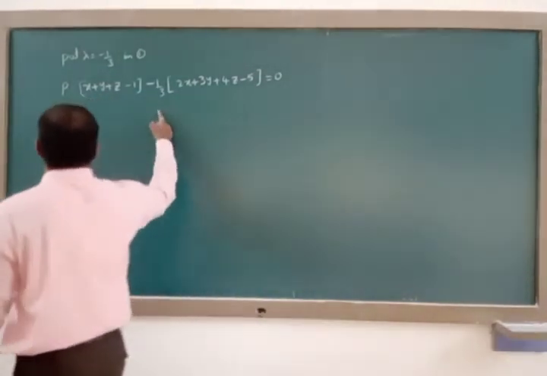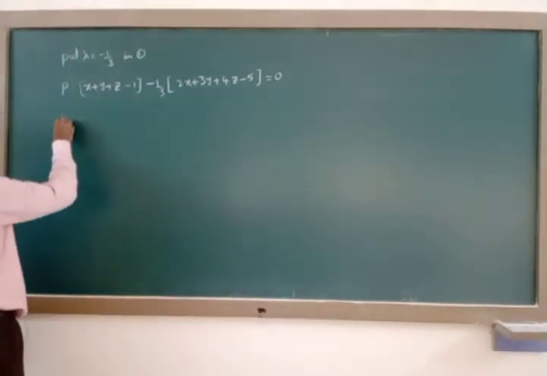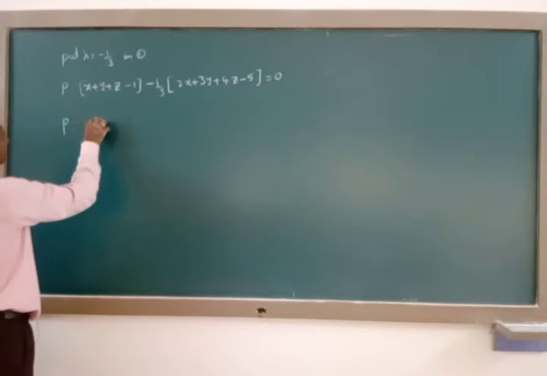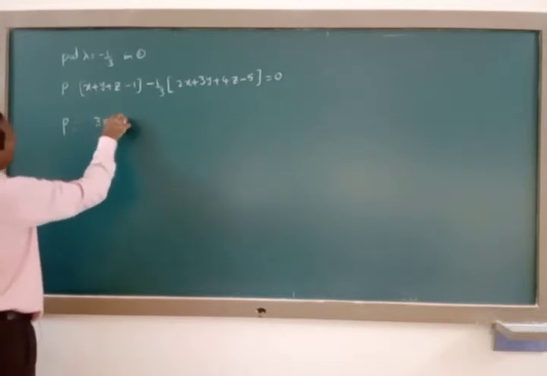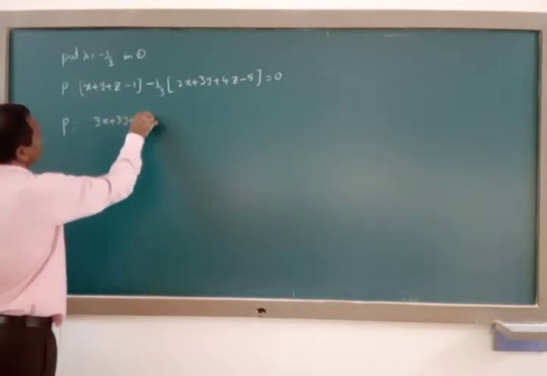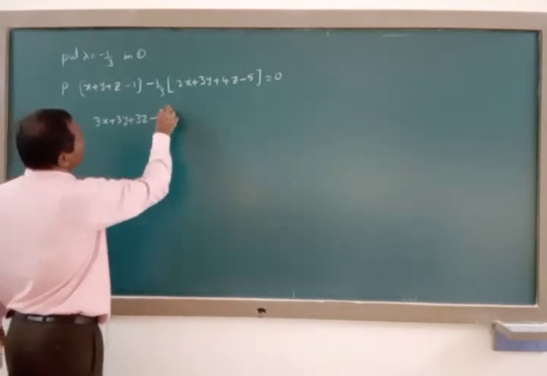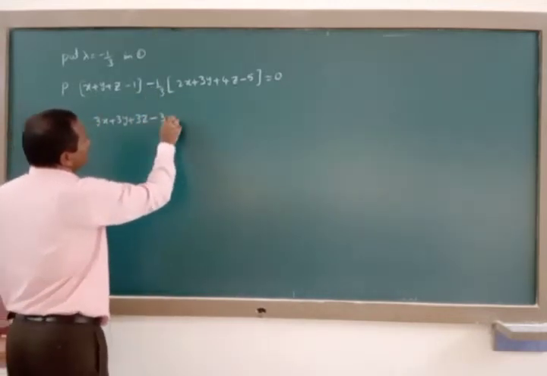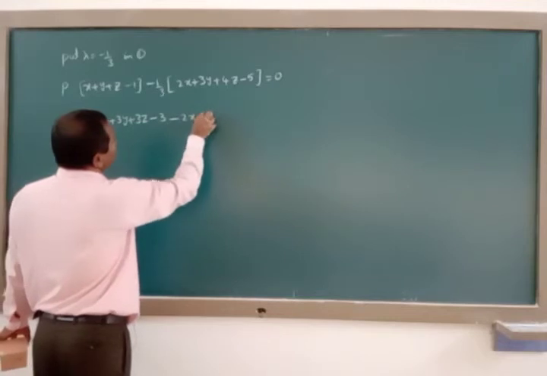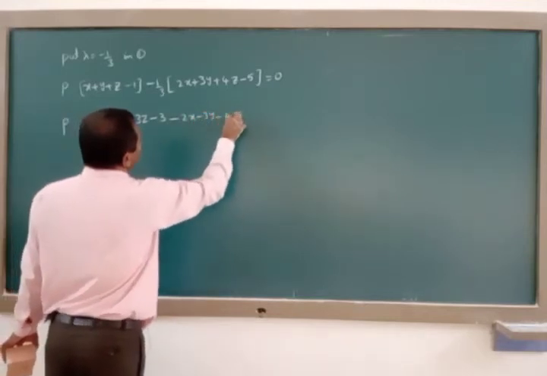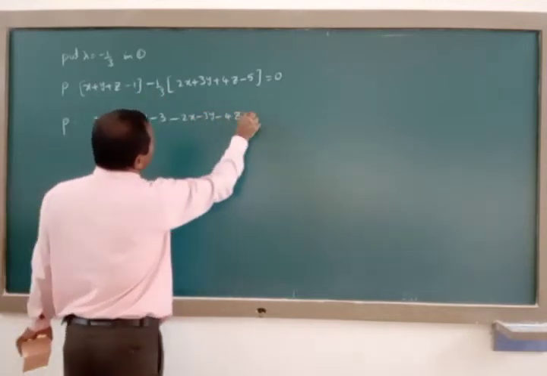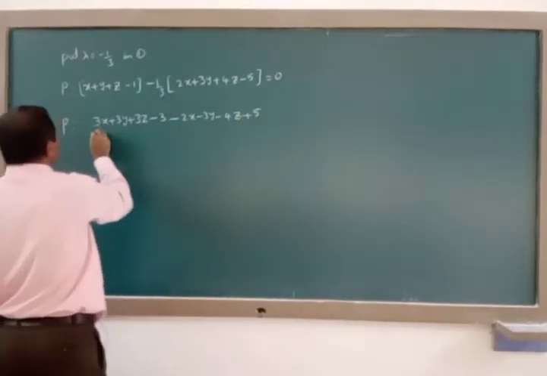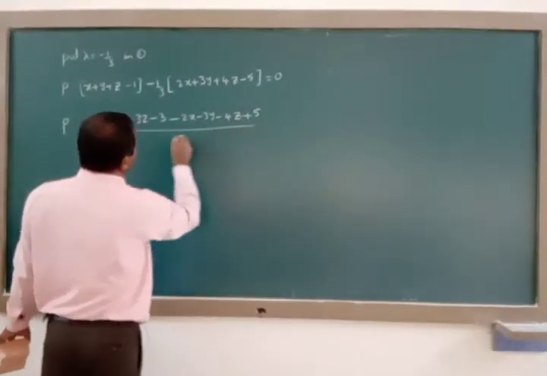Multiply with 3. The equation says 3x plus 3y plus 3z minus 3, multiplied with minus 1, minus 2x minus 3y minus 4z plus 5, whole divided by 3 is equal to 0.